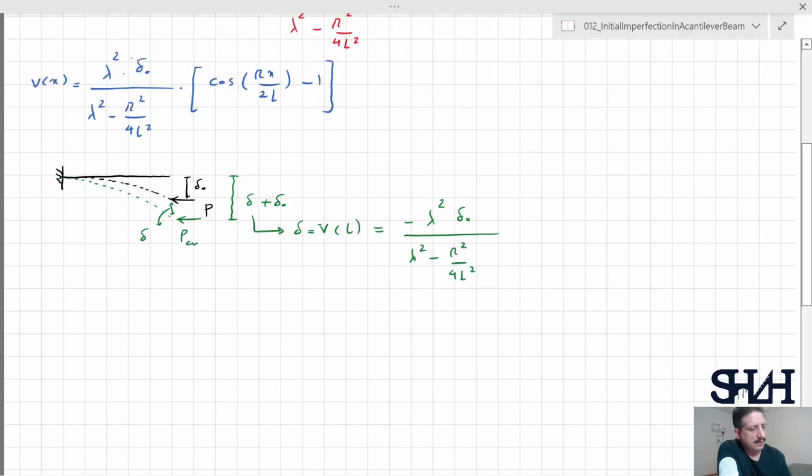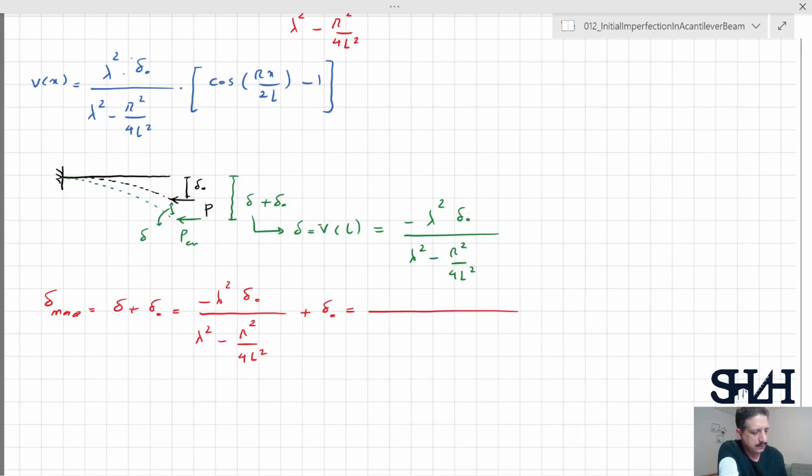Now, delta max at the tip will be delta plus delta 0, which is minus lambda square delta 0 divided by lambda square minus pi square divided by 4L square plus delta 0.